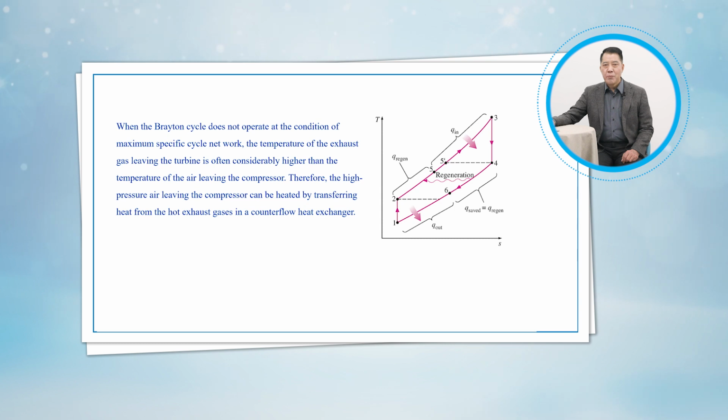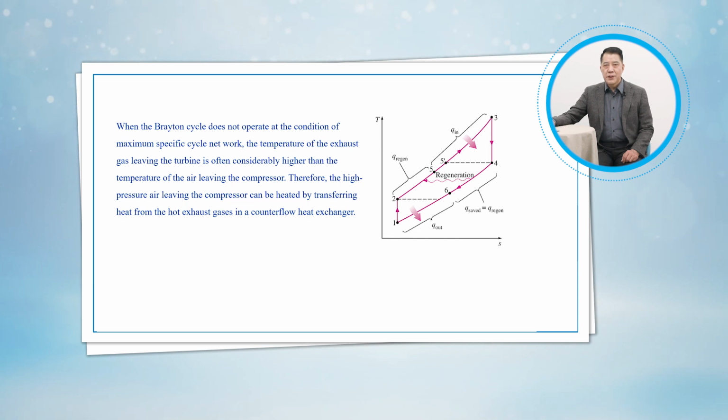Therefore, the high-pressure air leaving the compressor can be heated by transferring heat from the hot exhaust gases in a counterflow heat exchanger, which is also known as a regenerator or a recuperator.